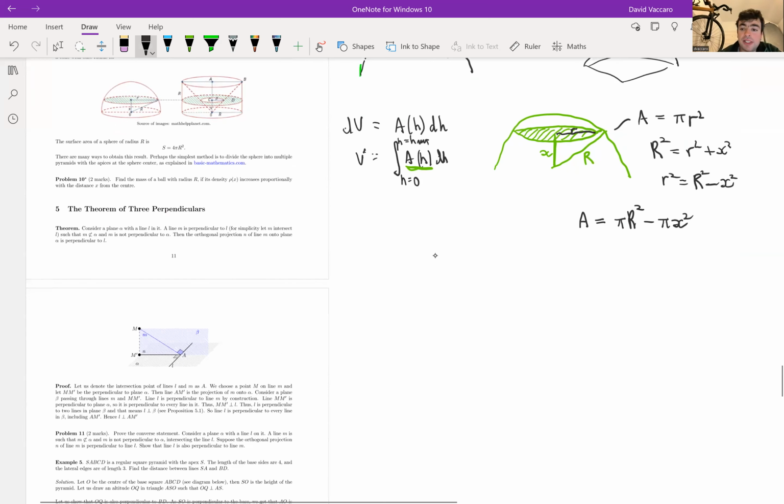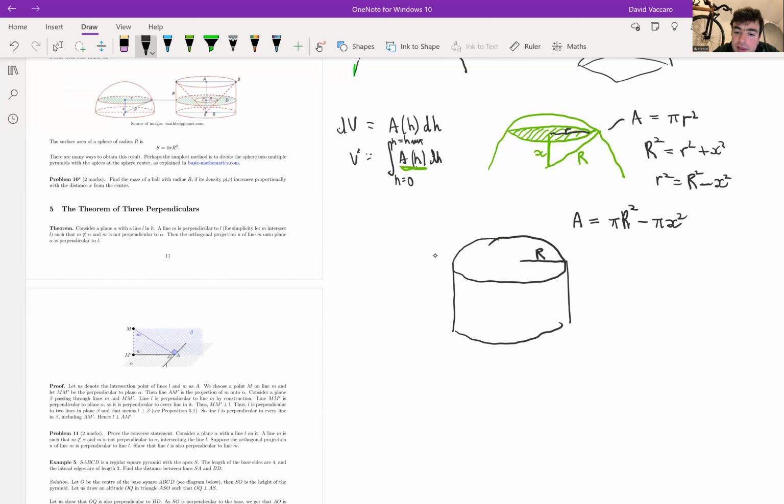Okay, so Cavalieri's next insight was to think, right, how could we do this in a different way? So what we could also imagine is just a cylinder of radius R. And then at the height x, we could just decide to take away a circle of radius x.